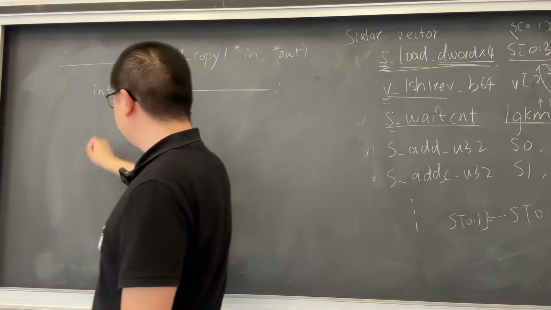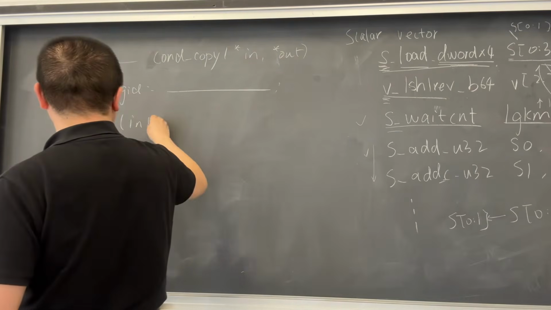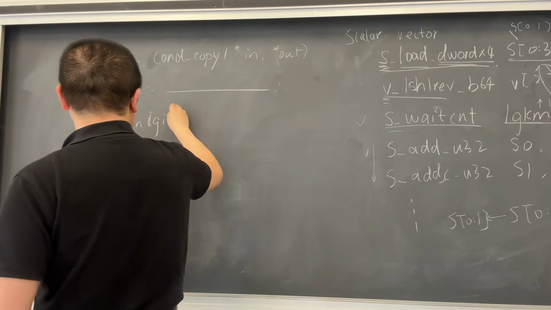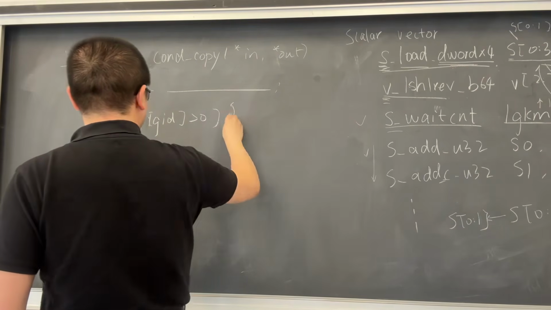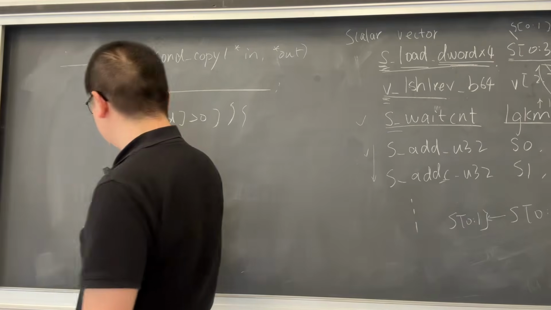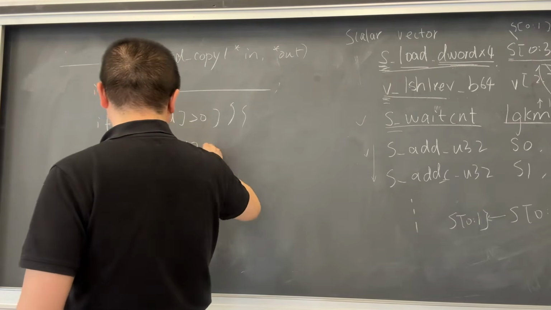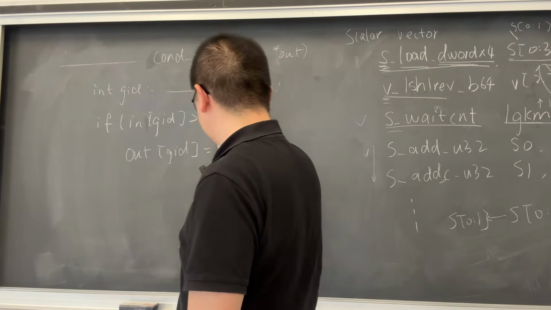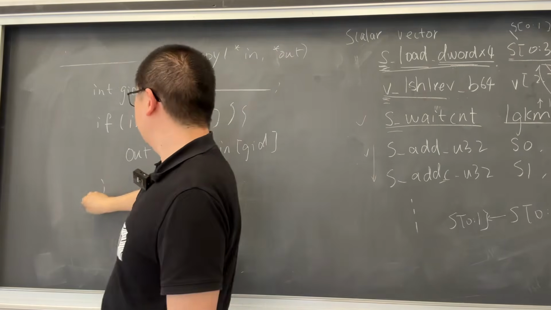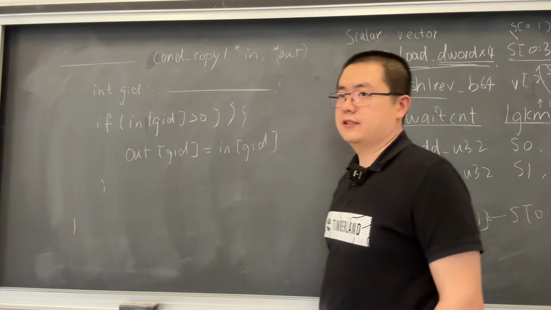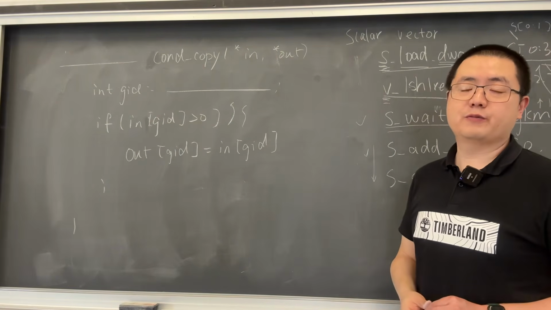And here we want to write: if in GID greater than 0, then out GID equals in GID. Then if we know the output is initialized to be 0, this is pretty much a ReLU implementation, right?